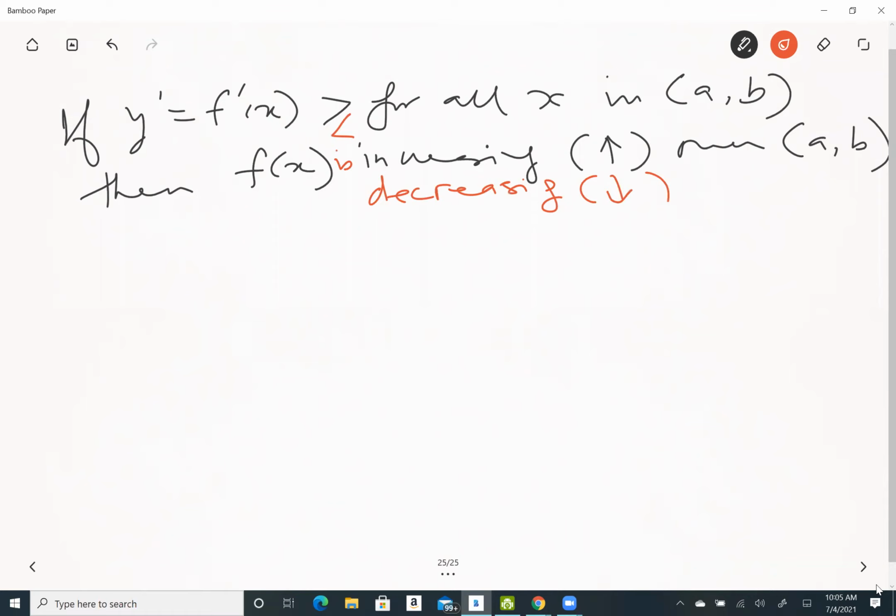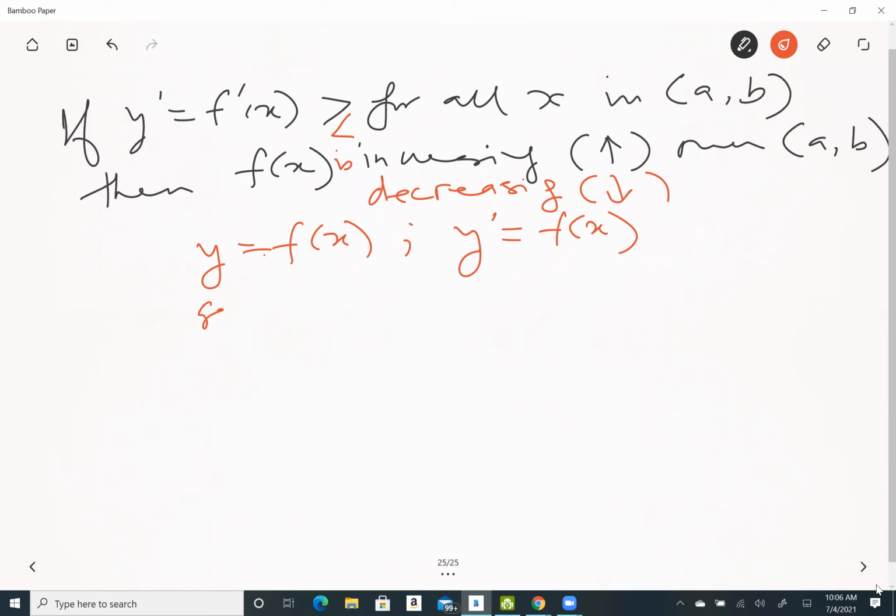Over one interval, the f prime will be positive for all x in that interval. We say f increases over that interval. So let's go back to the graph that we have drawn earlier. We know that the separating point or the critical point is for the function y equal to f of x. So you find y prime equal to f prime of x.